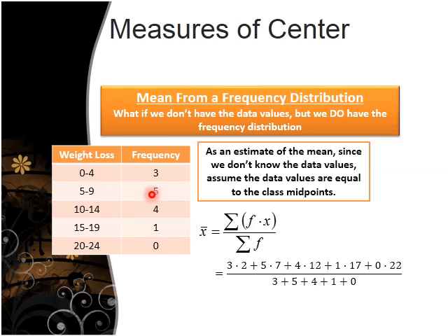And then 5 times 7, 4 times 12, 1 times 17, and 0 times 22. That gets me my numerator. My denominator is simply 3 plus 5 plus 4 plus 1 plus 0. That comes out to be 8.2, which is, of course, an average or a rounded number to 1 decimal place.